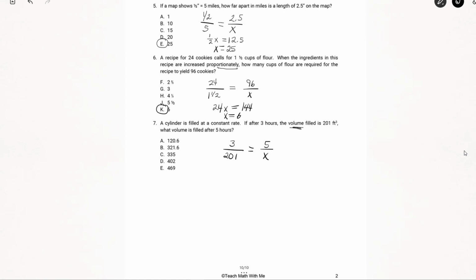So x is our unknown. We cross multiply, and we get 3x equals 201 times 5, which equals 1005. We divide through by 3 to get the value of x, which is 335. That is answer choice C.